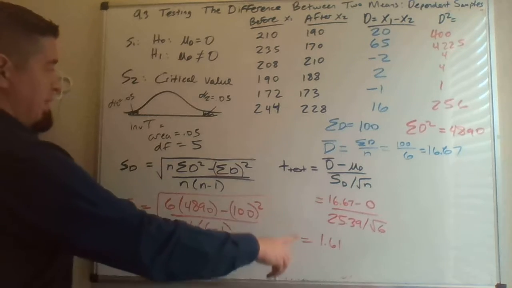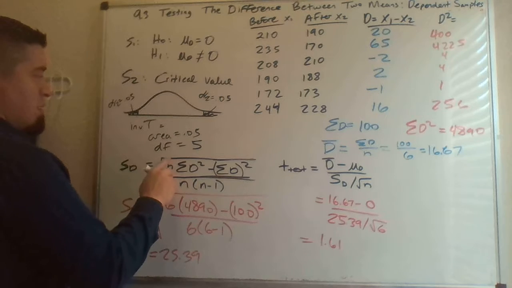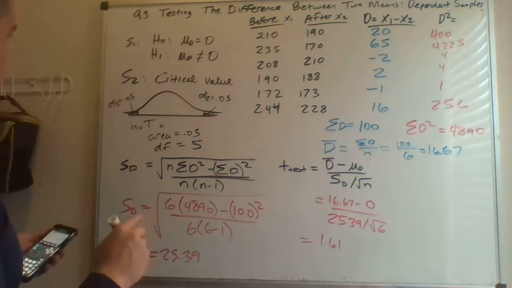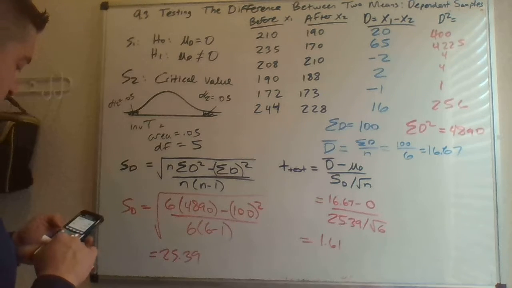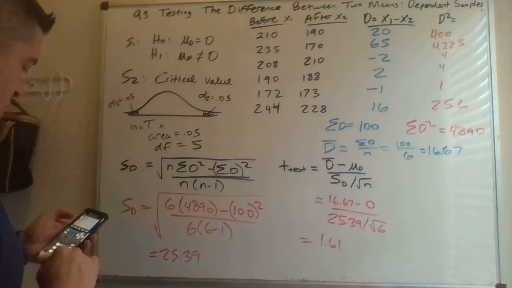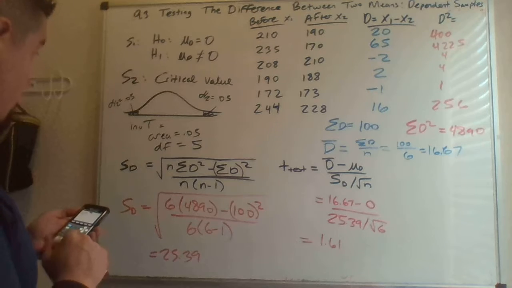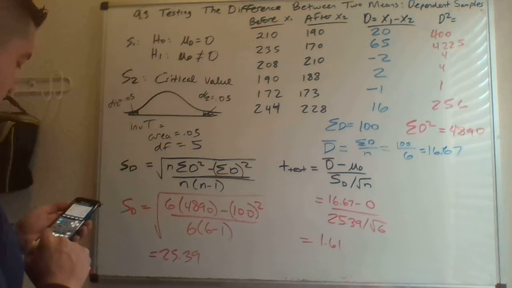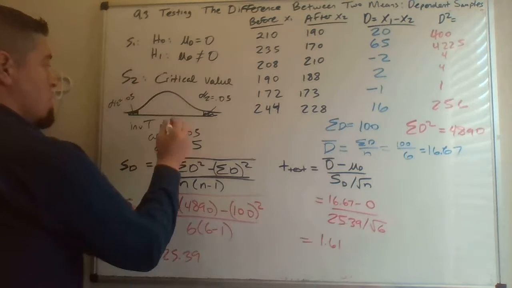So if I plot this onto our normal curve here, I don't believe I ever wrote the critical value. So let me go ahead and write that: inverse t of 0.05, degrees of freedom of 5. I had it here, I just didn't write it. Okay, negative 2.02.